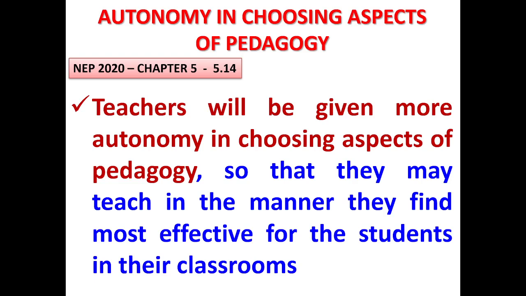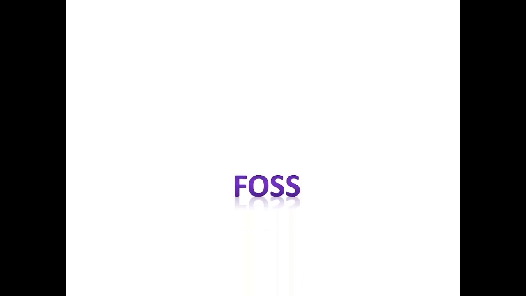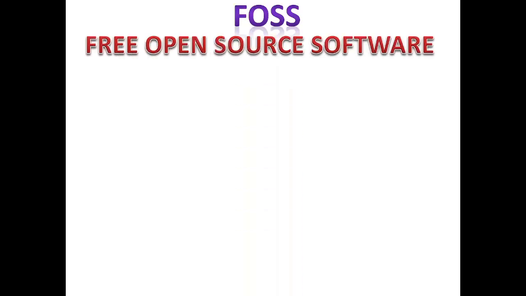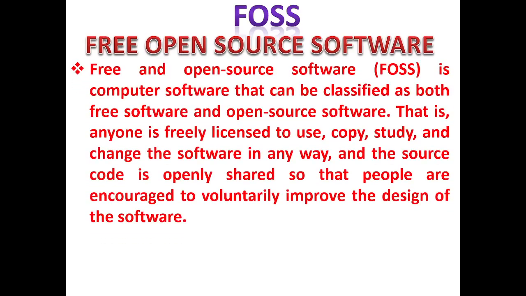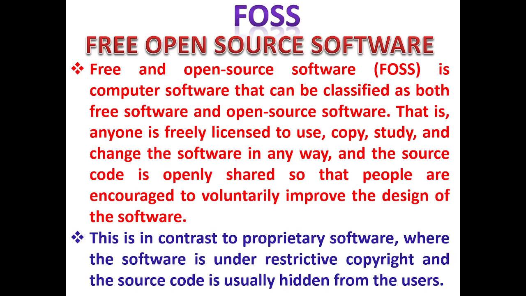Now, when you are choosing your own pedagogy in the teaching learning process, you have the liberty to choose any tool to make learning highly effective. For that, we are going for FOSS. What is FOSS? Free open source software is computer software that can be classified as both free and open source. Anyone is freely licensed to use it, copy it, study it, and change the software in any way.